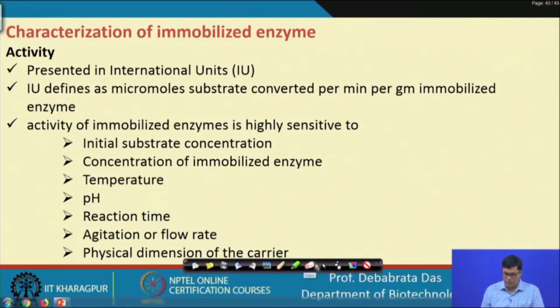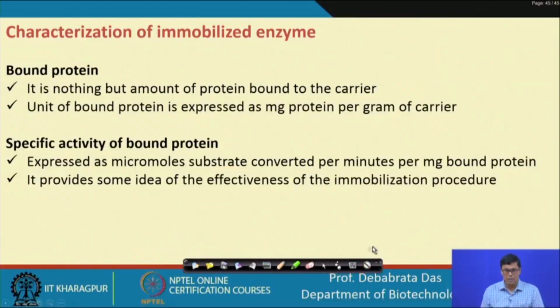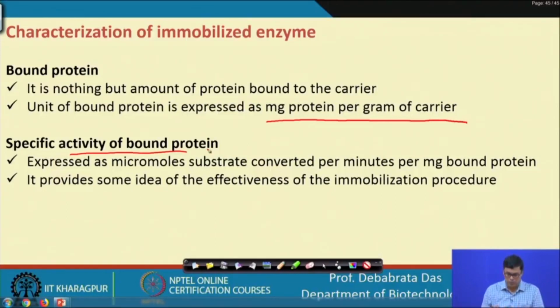So there are several factors that affect it, and the characteristics of the immobilized enzyme also depend on other factors like bound enzyme concentration. This is usually expressed as milligram protein per gram of carrier. Then the specific activity of the bound protein, it is almost similar to our enzymes.